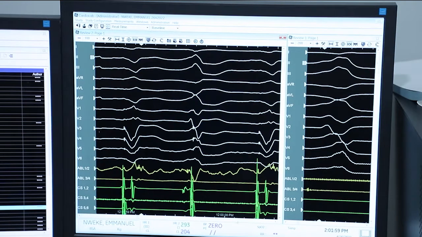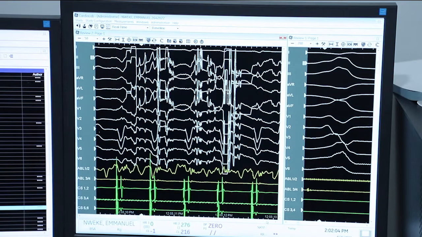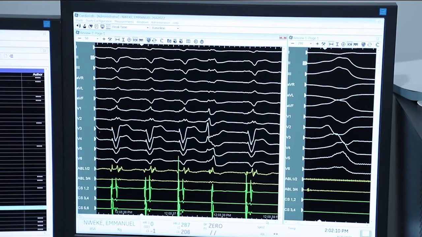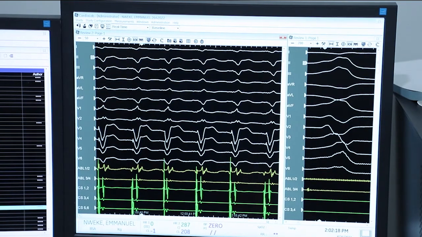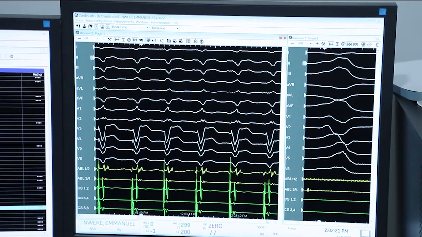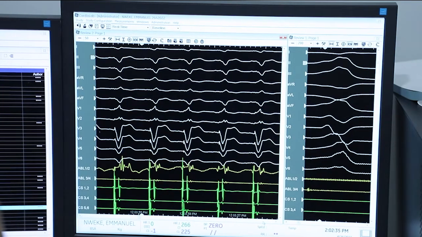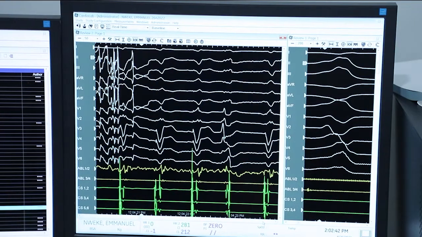Ablation of such a spot made the PVCs go for about 2 or 3 minutes, as we can see. No PVCs were seen in our first trial at such a site. We can see that there were no PVCs in the first 2 to 3 minutes after ablation.